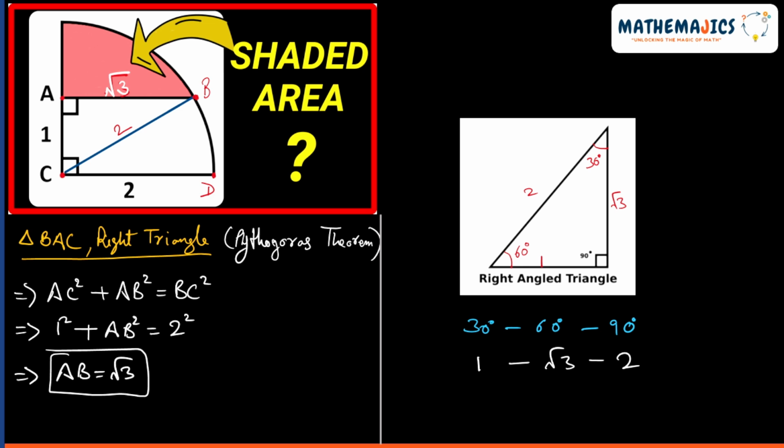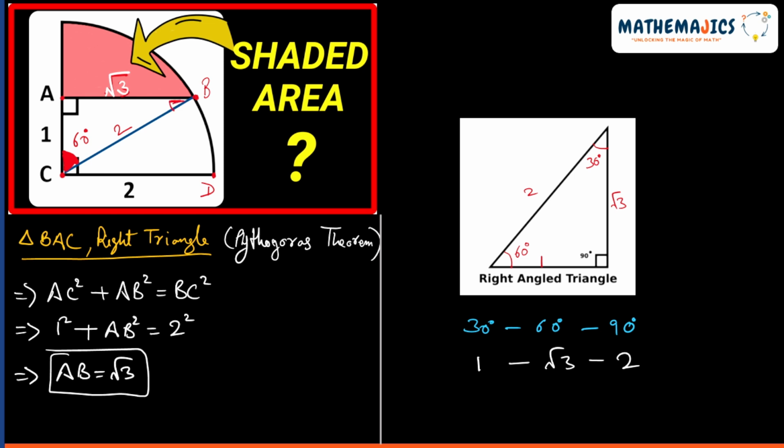This concept can be used in various other questions. So let's use this concept in triangle BAC and mark the remaining angles 30 degree and 60 degree. So angle opposite to side root 3 will be 60 degree. This angle will be 60 degree, correct? So let's mark it in the figure. This is 60 degree. Similarly, angle opposite to 1 will be 30 degree.